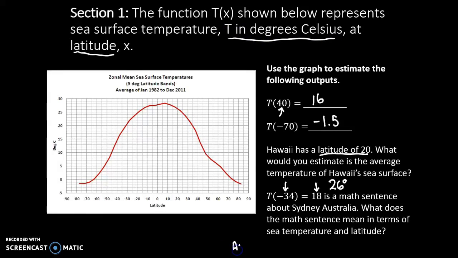So at negative 34 degrees latitude, sea temperature is 18. It's important to understand how to translate the real-world sentence into the math language of T of negative 34 equals 18.